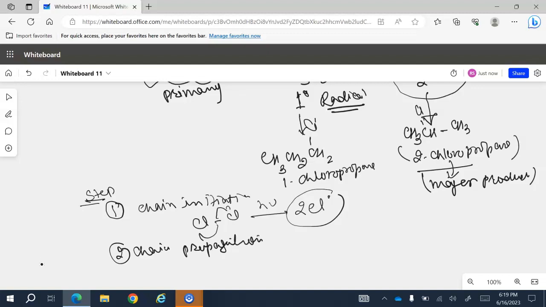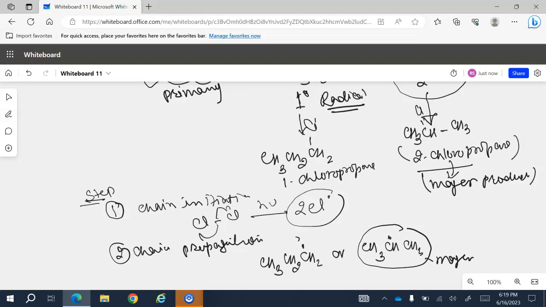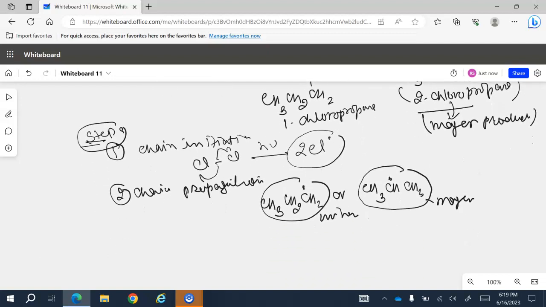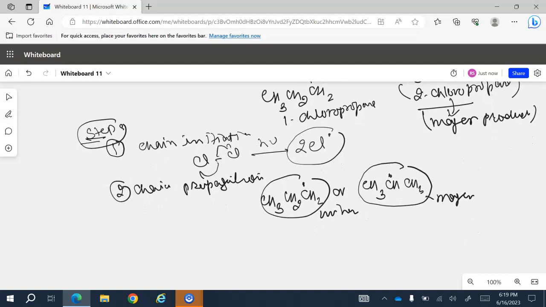It will result in the formation of either primary radical or secondary radical. But this one will be the major, this one will be the minor, and in the termination step it will result in the formation of product. So that is how we can decide what type of product will be formed. That is the selectivity in halogenation.